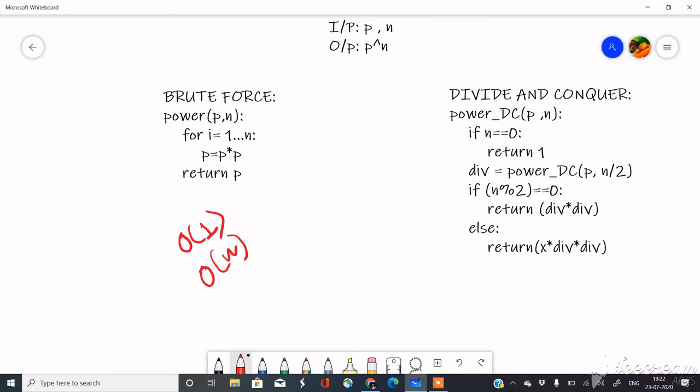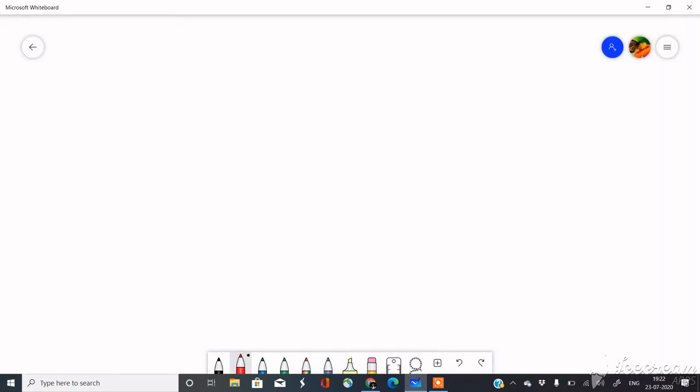However, since I told you that we will always try to give importance to time, what happens in divide and conquer? Let me explain this algorithm in tree form so that you understand better. We'll see diagrammatically what's happening. Say we have p equal to 2 and n equal to 8.